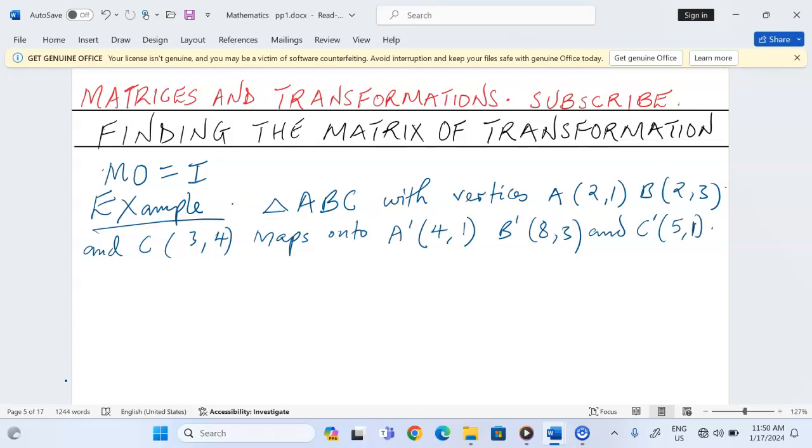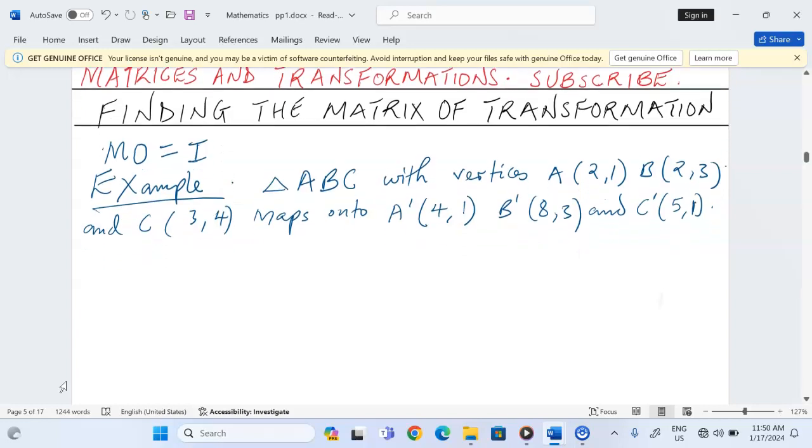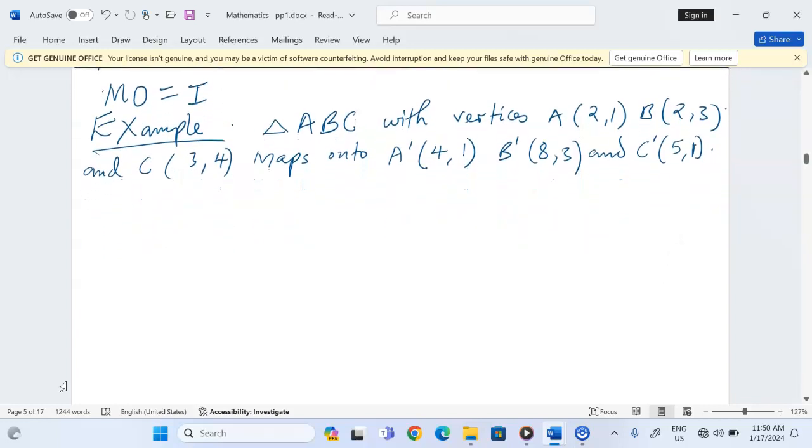Find the matrix representing this transformation.